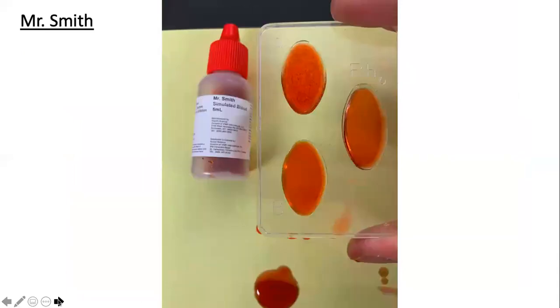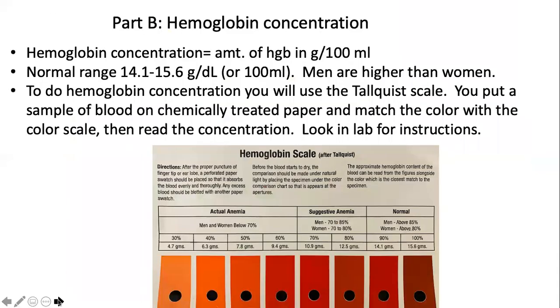Mr. Jones, Mr. Smith, and then for hemoglobin concentration, it is the amount of hemoglobin in 100 mils of blood. So amount of hemoglobin expressed in grams per 100 mils of blood. Normal range, 14.1 to 15.6 grams per deciliter.